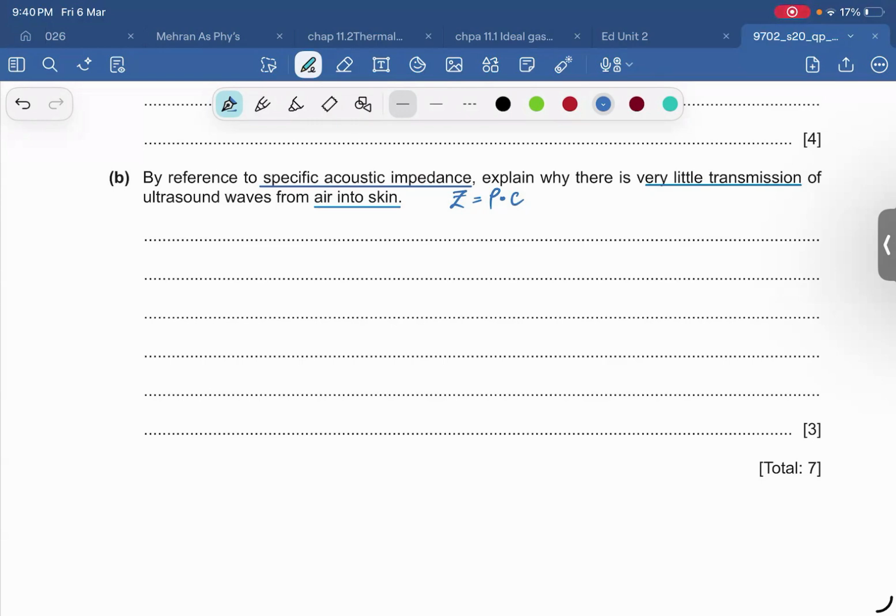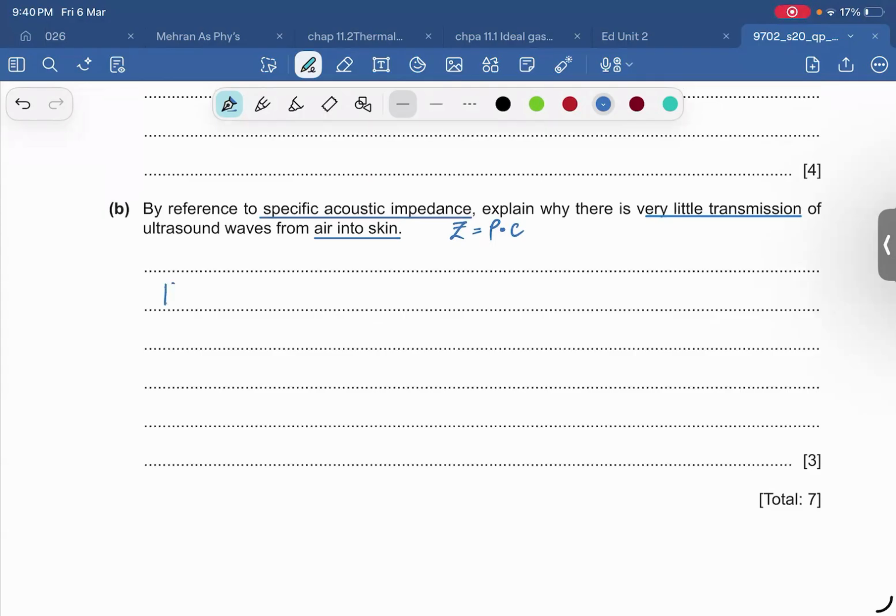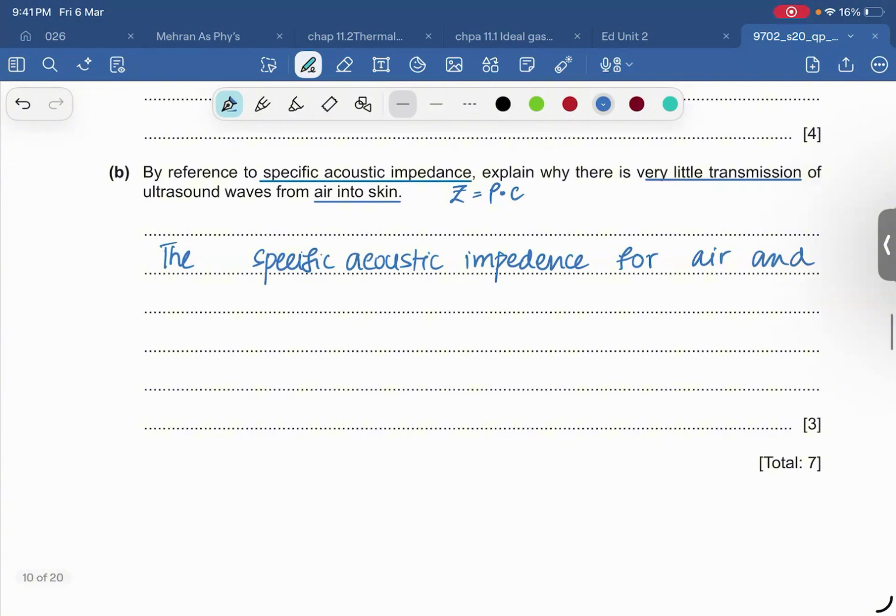Good. So we can say that the specific acoustic impedance for air and skin are very different.